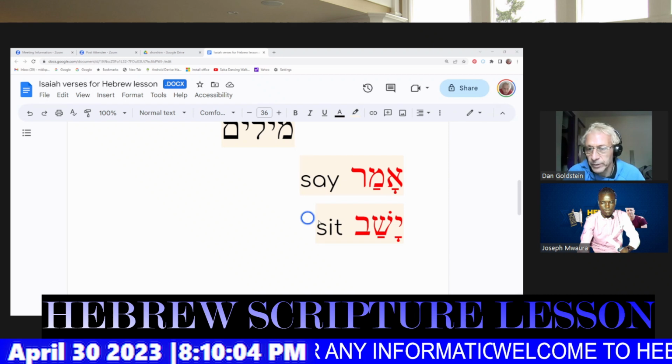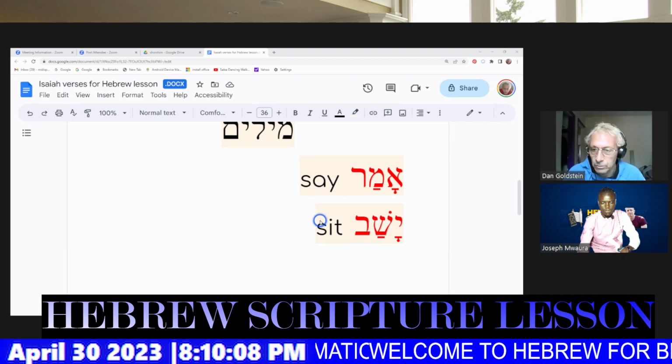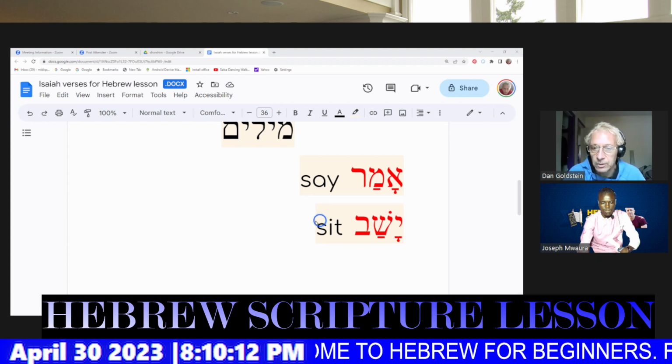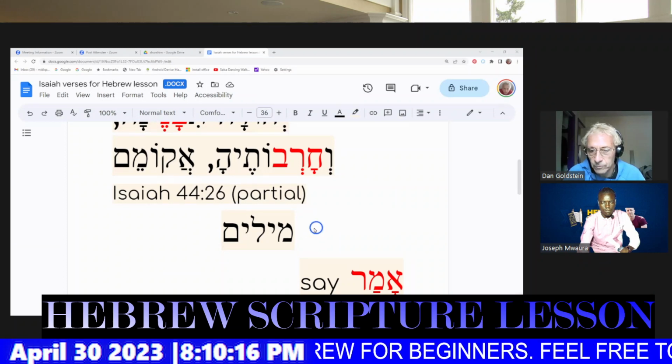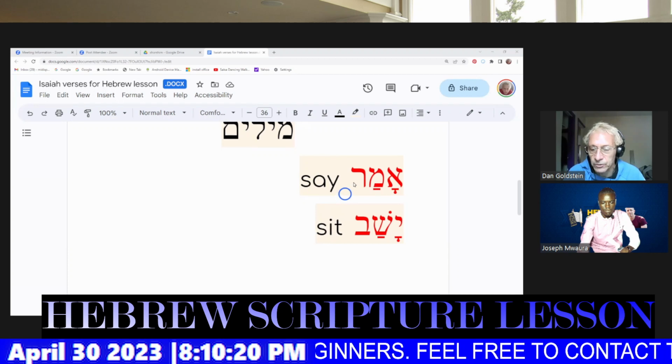And then if we have time, we can actually discover some additional words that come out of these shorshim, these roots. So the first thing we would do is to recite the shorshim, the roots that we're going to be looking at.